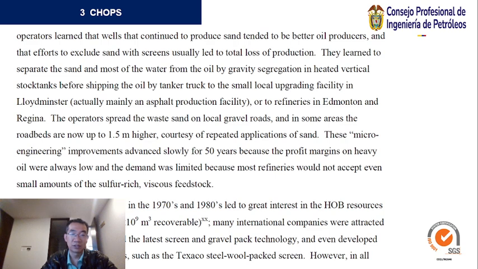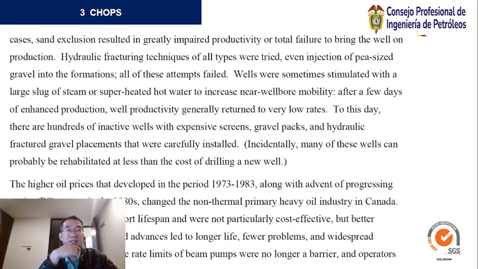They introduced the latest screen and gravel packer technology and even developed new technologies for screens, such as the Texaco steel wool pack screen. However, in all cases, sand exclusion resulted in greatly impaired productivity or total failure to bring the well on production.